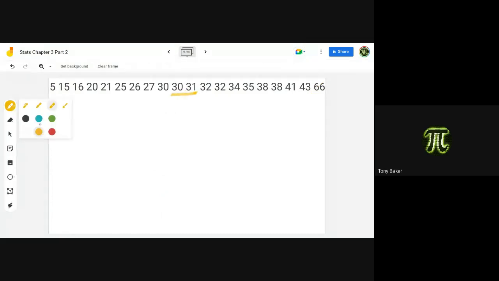So my median's going to be what? Right, because if I have 2, I add them up and divide by 2. So my Q2 is 30.5. That's my Q2.